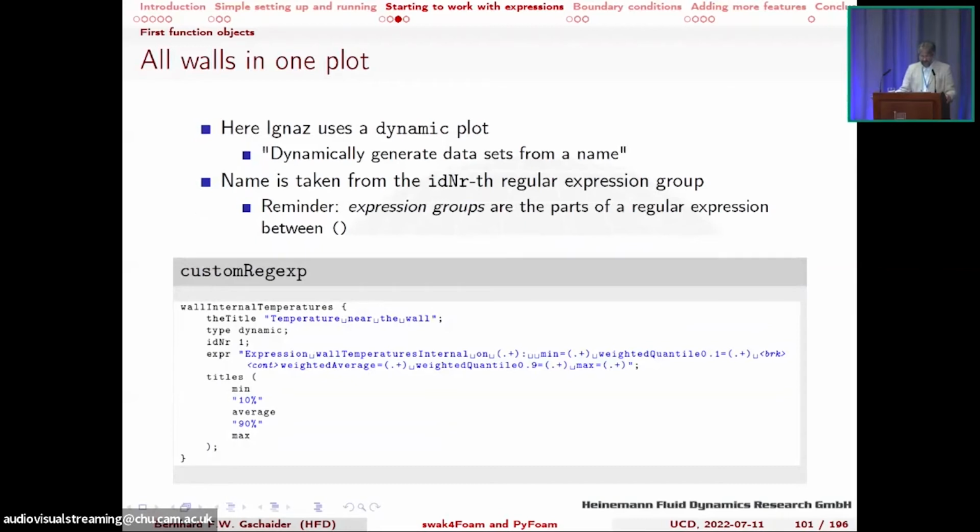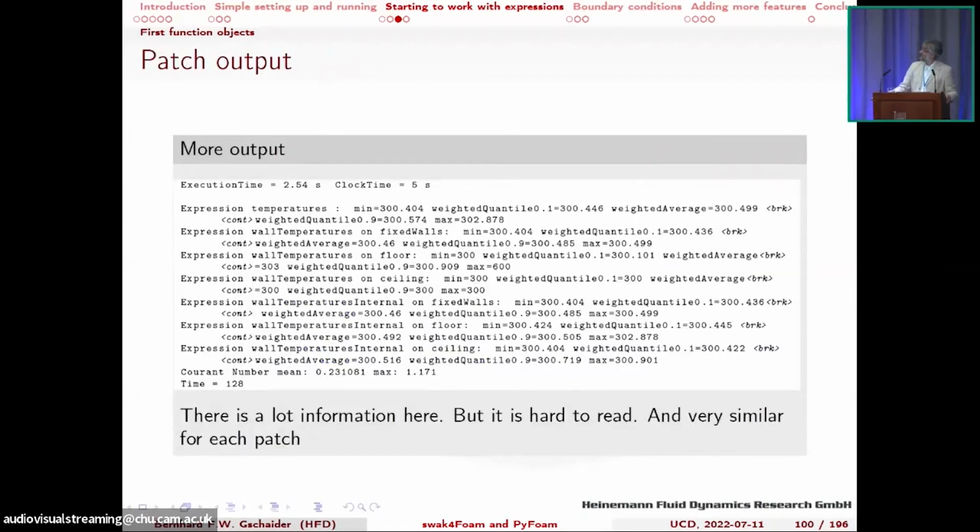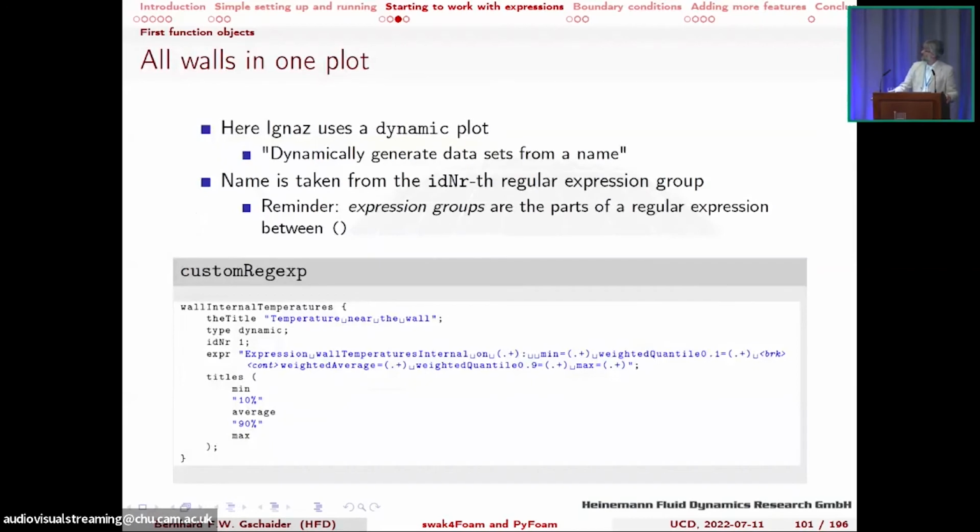And yeah, there is a bit more general way. For instance, the patch expression would now print out the wall temperature internal on, and then it prints here the patch name, and it would be a bit stupid to basically set up a custom regular expression for each of these patches.